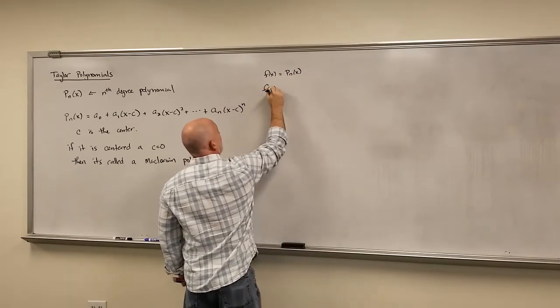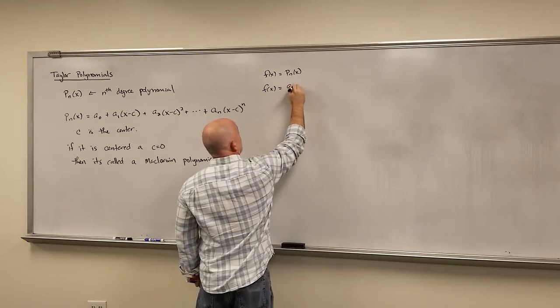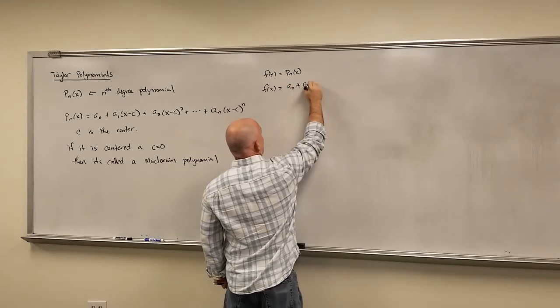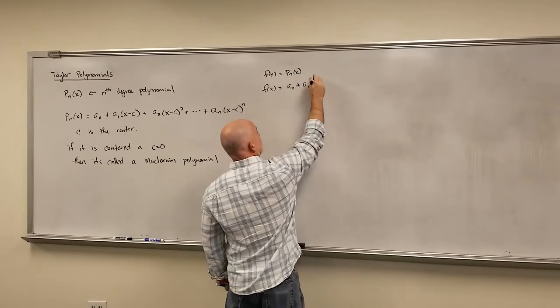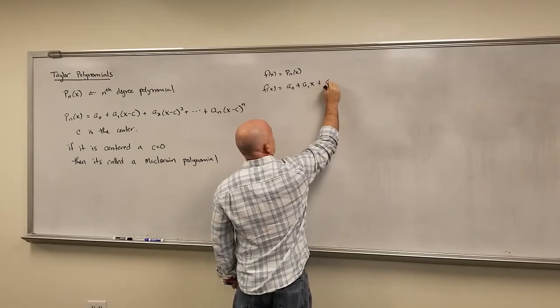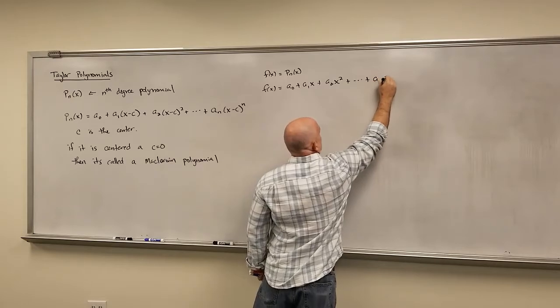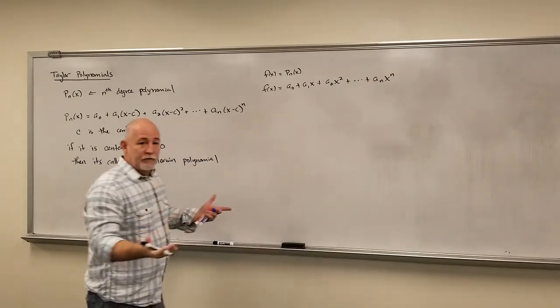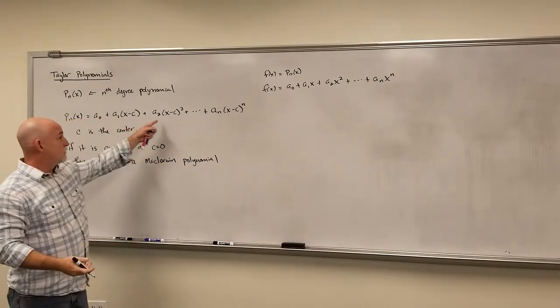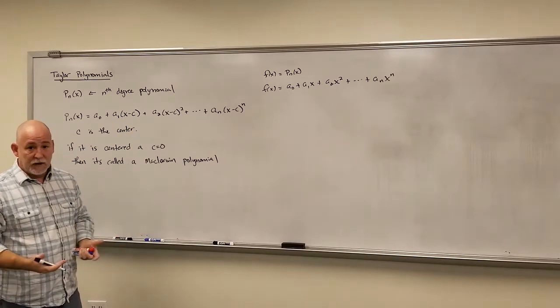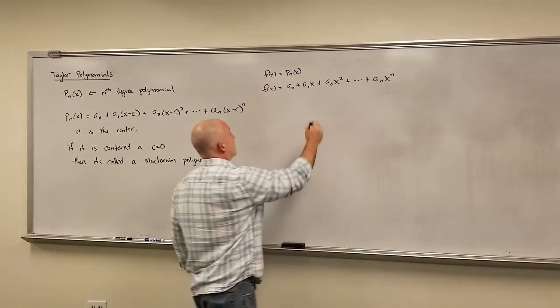So our f of x to be equal to some a0 plus a1 x plus a2 x squared all the way out to a sub n x to the n. I'm just going to center this at 0 to make it a little easier to see. Now, the only difference if I didn't center this at 0 is that everywhere there's an x, we'd have an x minus c. So in this case, I'm going to say that c is 0.